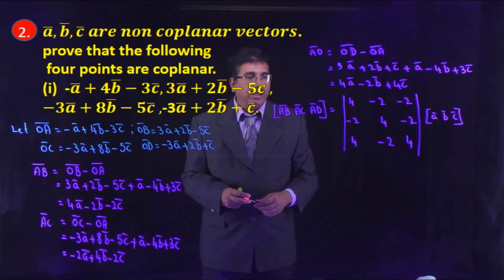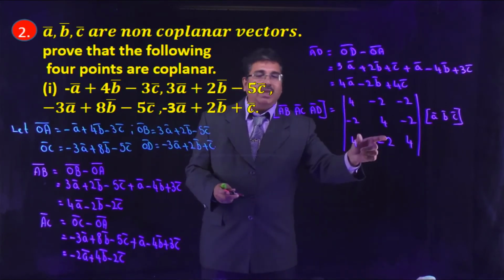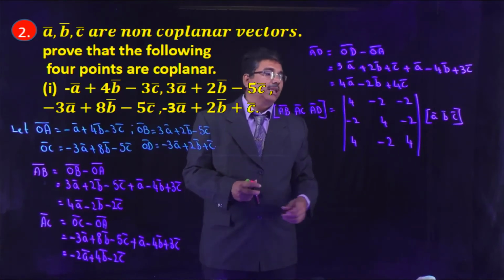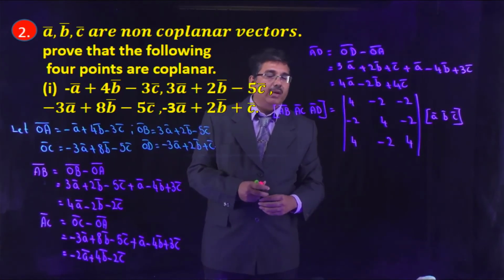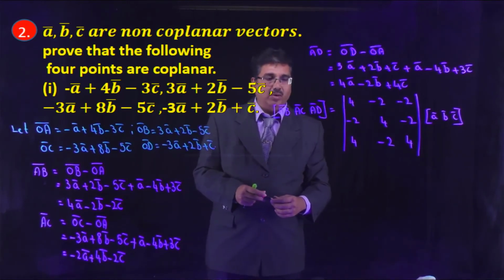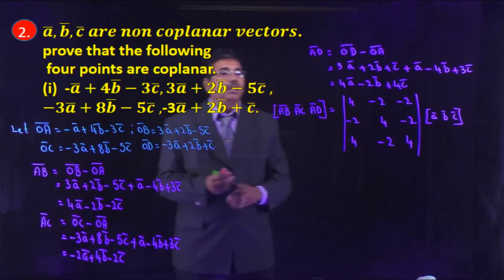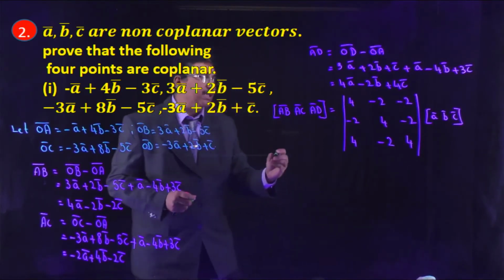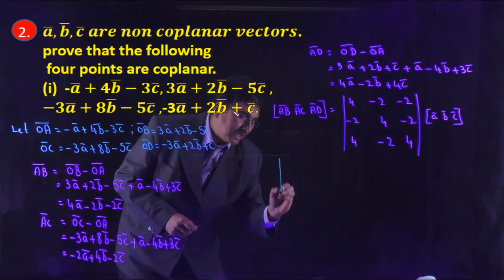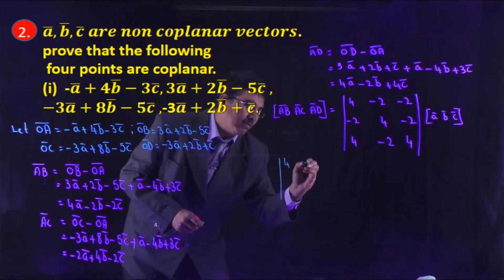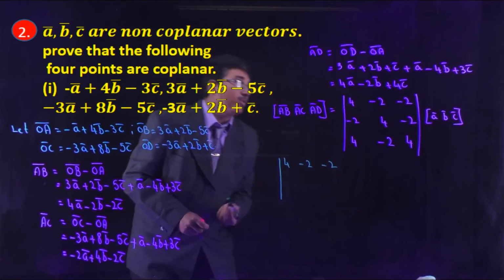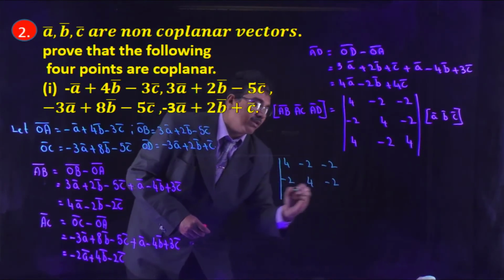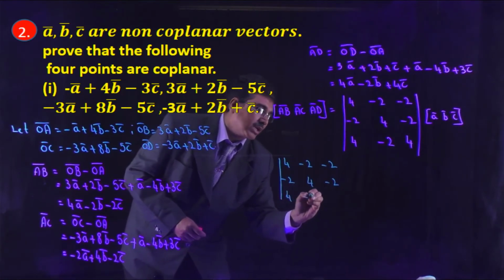Now our aim is to prove that the determinant value is equal to 0. Now consider the determinant of 4, minus 2, minus 2; minus 2, 4, minus 2; 4, minus 2, 4.